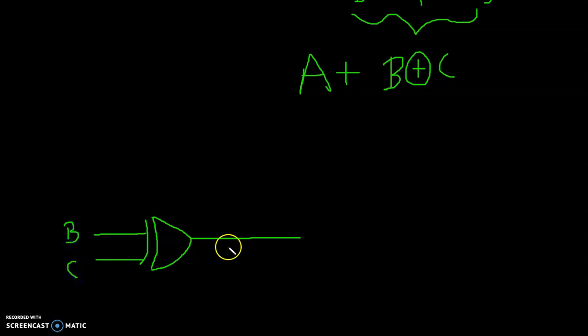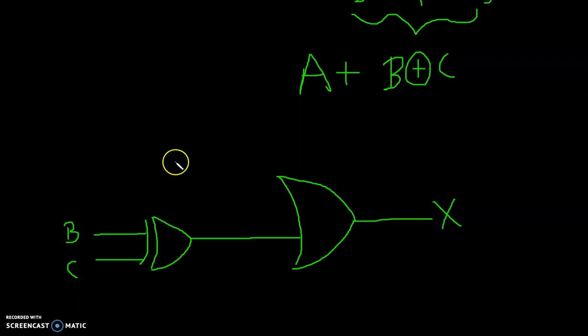We will get B XOR C, and then we have to OR it with A. And this is your output X, and this is your input A.